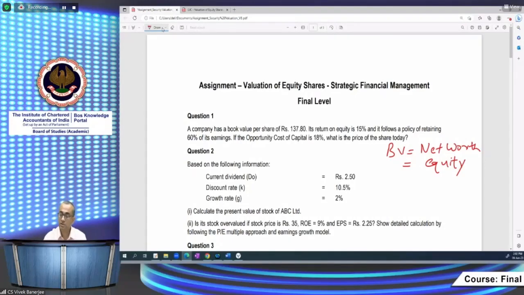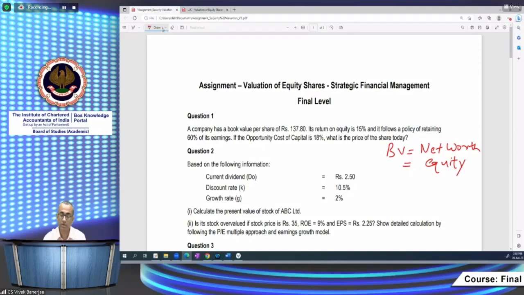It is also given in the question that the company is retaining 60% of its earnings. So if the company is retaining 60% of its earnings, it means it is declaring dividend of 40% of its earnings. So it will be 40% of the EPS, that is, dividend per share. By this, dividend per share can also be calculated, and then we can calculate the price of the share, because D0 is not given in the question.